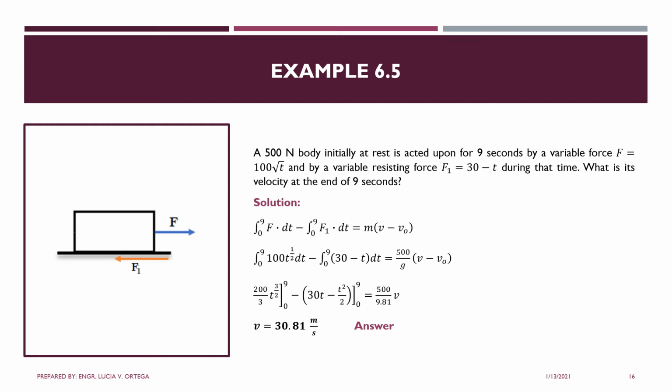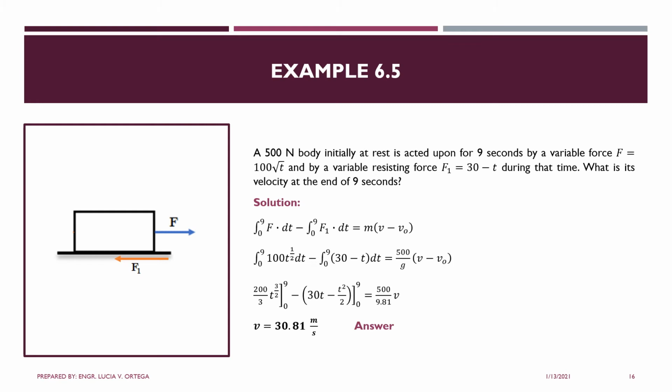F is 100 square root of T, so 100 T raised to 1/2 dt, limit 0 to 9, minus the integral of F sub 1, 30 minus T times dt, limit 0 to 9, equals 500, the weight, over g, times the velocity.